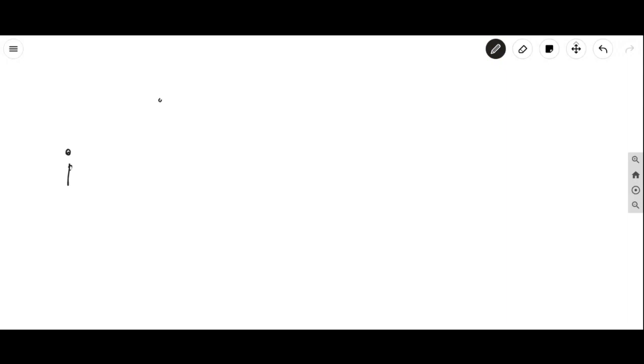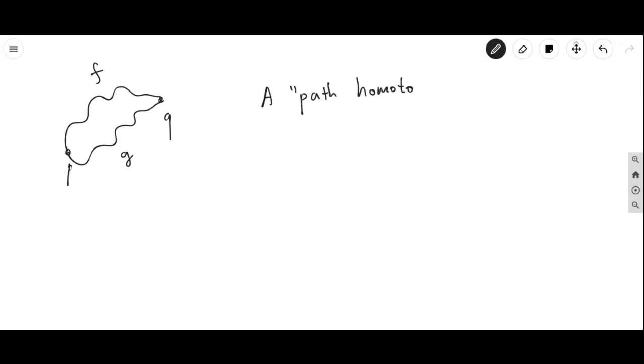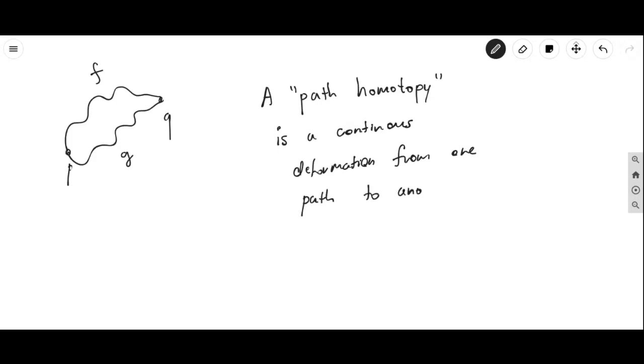So let's say you have 2 points in your space, and you have some kind of path, let's call it F, and then you have another kind of path called G. So a path homotopy is a continuous, you can say, deformation from one path to another path.